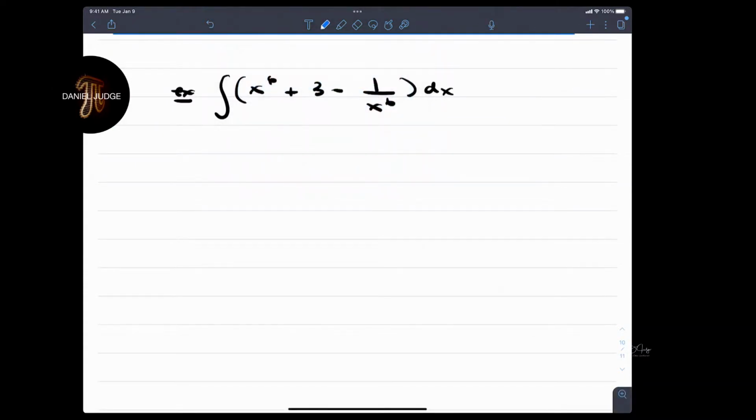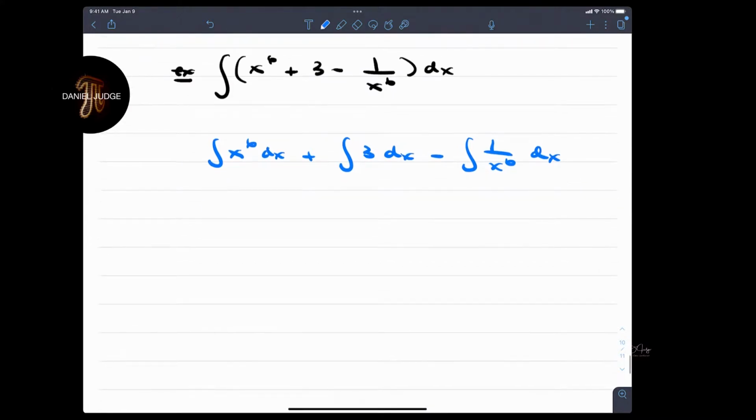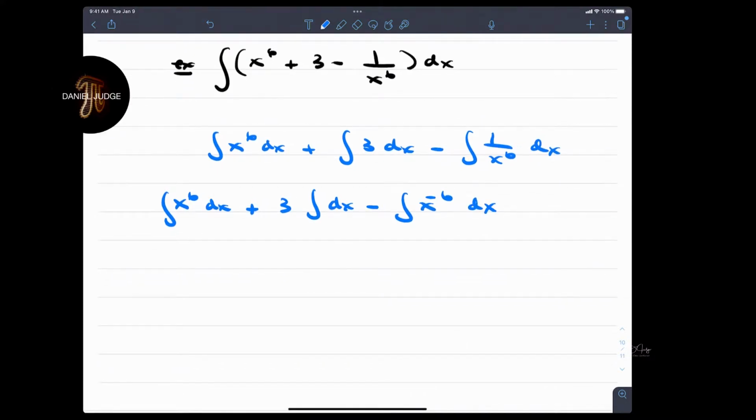All right, let's use our properties here. Okay, now remember, we're not going to integrate yet. Pull out the constant. Okay, integrate.